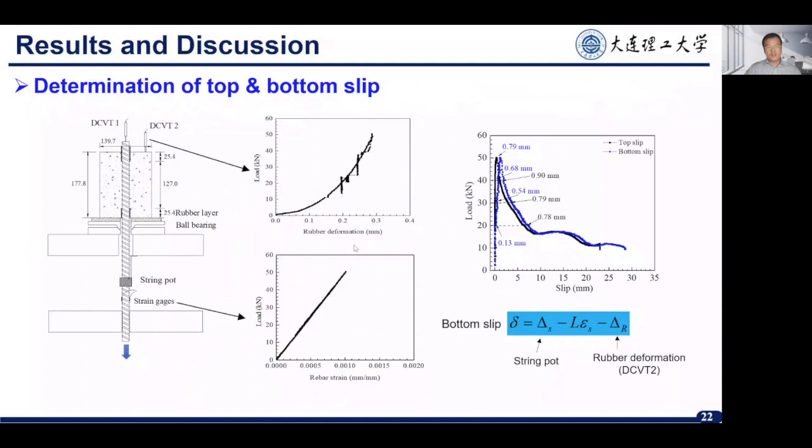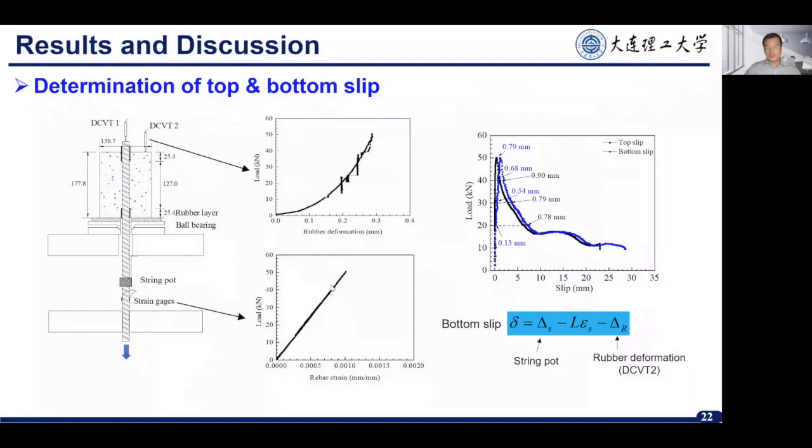This is also some data we measured during the pull-out test. This is the rubber deformation. There's a rubber layer between the specimen and the reaction beam, so it's recorded by the DCVT2. This also shows the load and the rebar strain curves during the pull-out test.